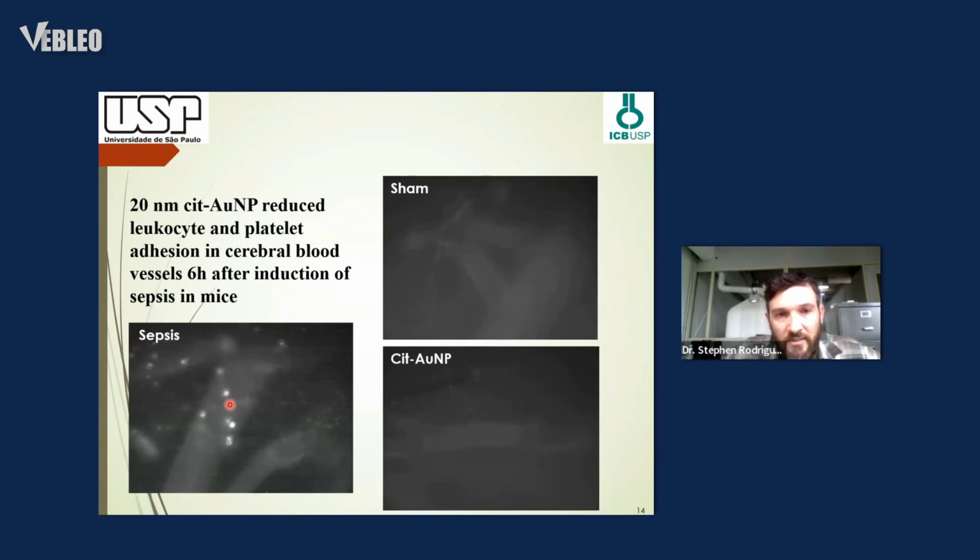In sepsis, in the brain vessels using intravital microscopy, we observed a huge number of leukocytes adhering in these cerebral blood vessels, as you can see here, compared to the sham group. But in those animals which were treated with citrate gold nanoparticles, you cannot see this inflammation in the brain.